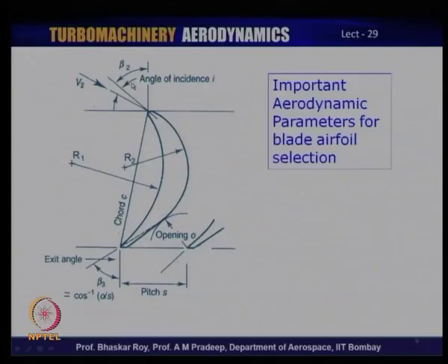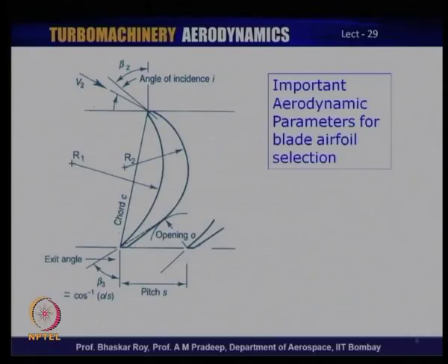Now, beta 2 is the ideal flow angle with which the flow is supposed to be coming, for which the incidence would be 0. However, most designers often prefer to have a very small angle of incidence, often a positive one, to ensure that the blade loading is always good. As you know, at a negative angle of incidence, the blade loading indeed would go down.